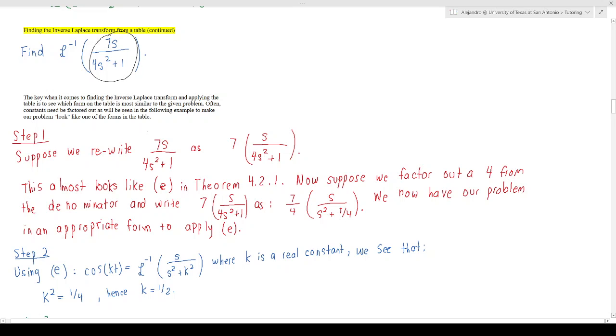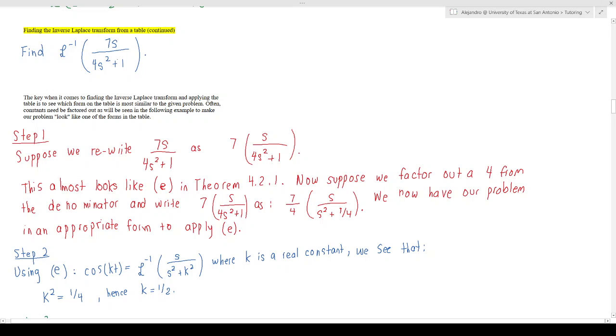So basically the essence of the inverse Laplace transform is to have a table or some way of trying to match your problem to the form of one of the forms in the table. Now if we look at the table, this doesn't really look directly similar to anything.